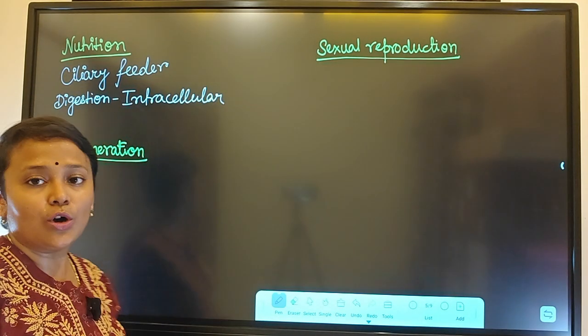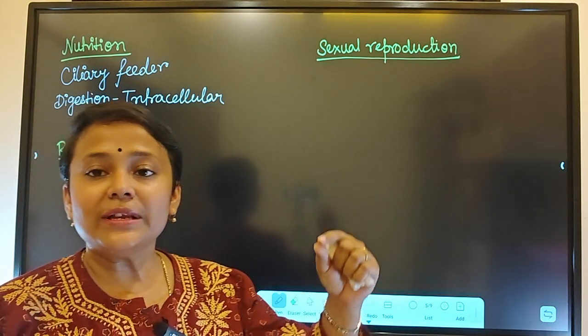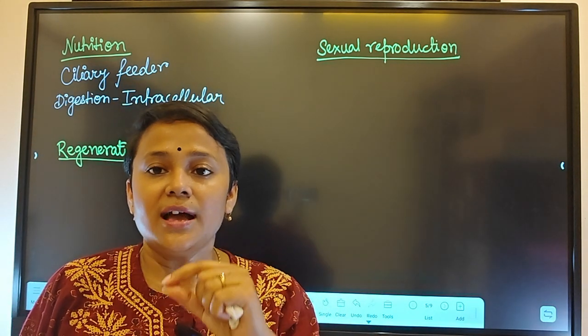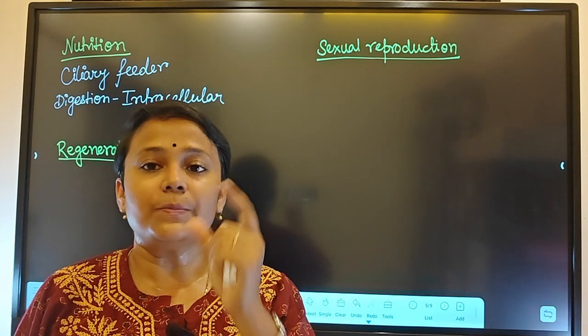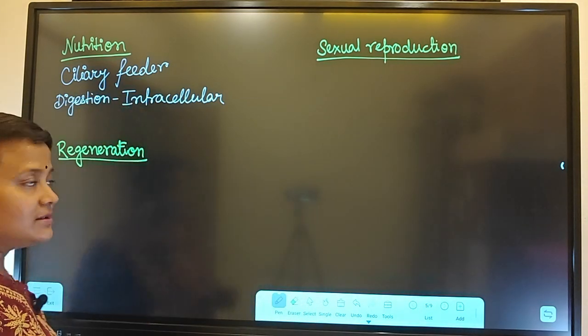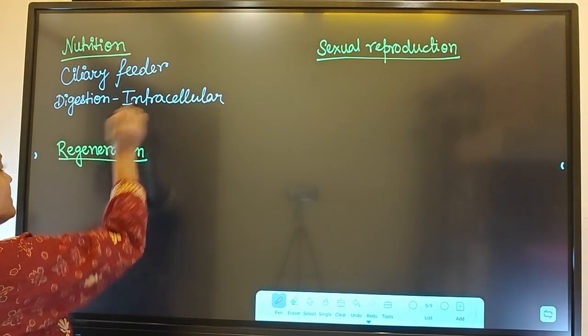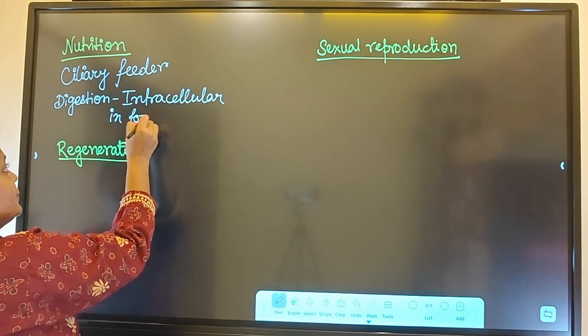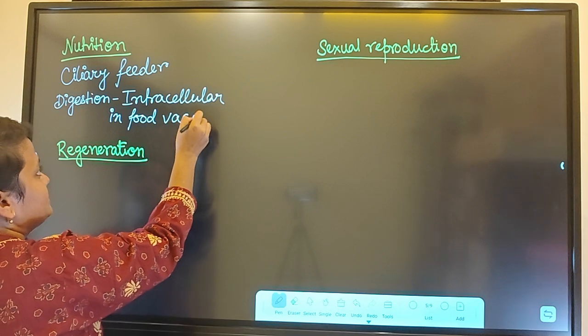Which cell? The collar cell. So the food will enter the collar cells as a food vacuole, and digestion happens in the food vacuole, like amoeba, which you have already learned about.